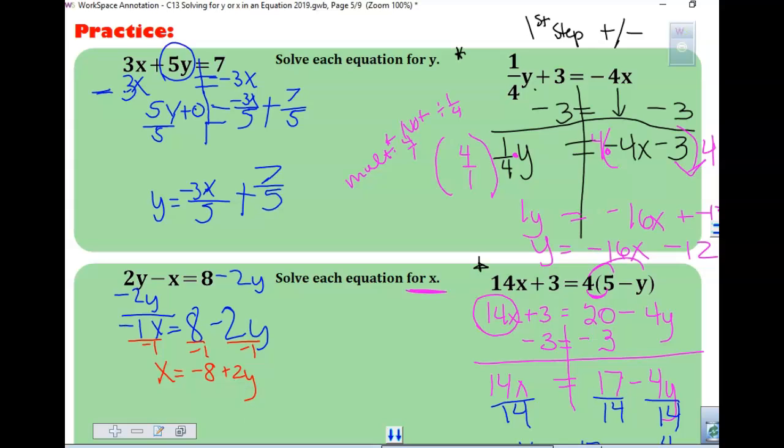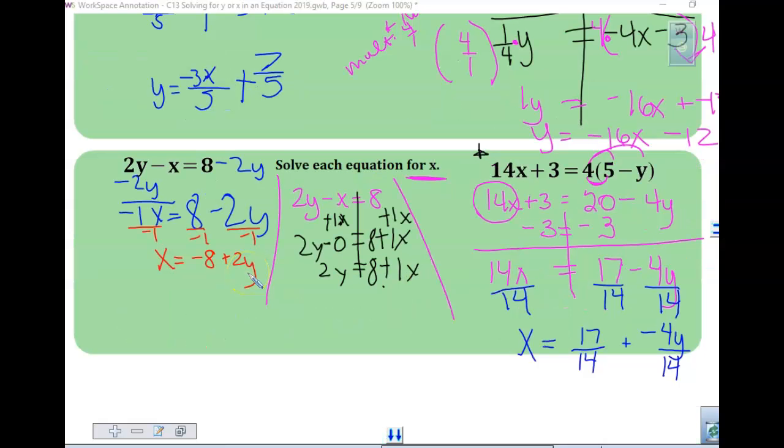But I want to have Jared come up and show how you did it with the 2y minus x equals 8. I'm going to have you do it right here, because I like your work that you started with. Okay? So I'm going to this answer. Only thing we have to do is subtract 8.